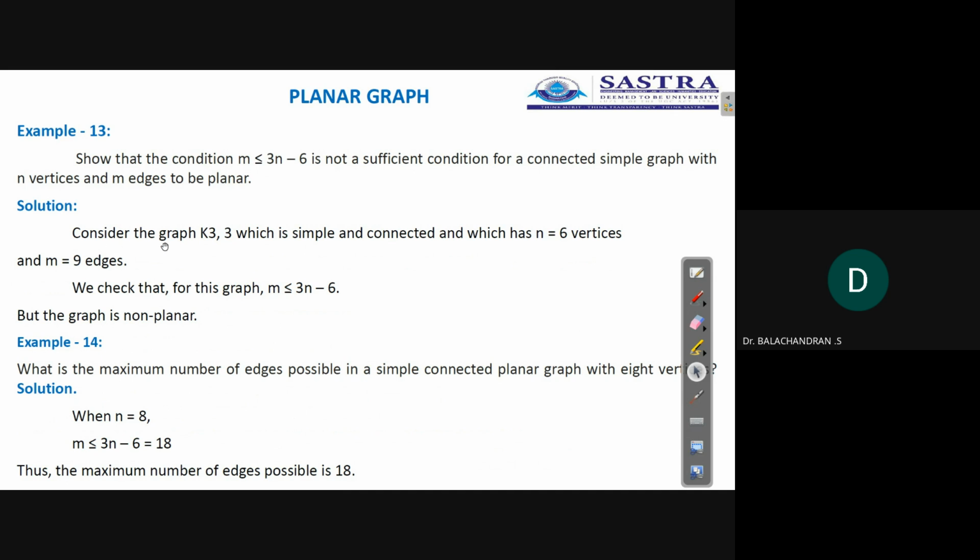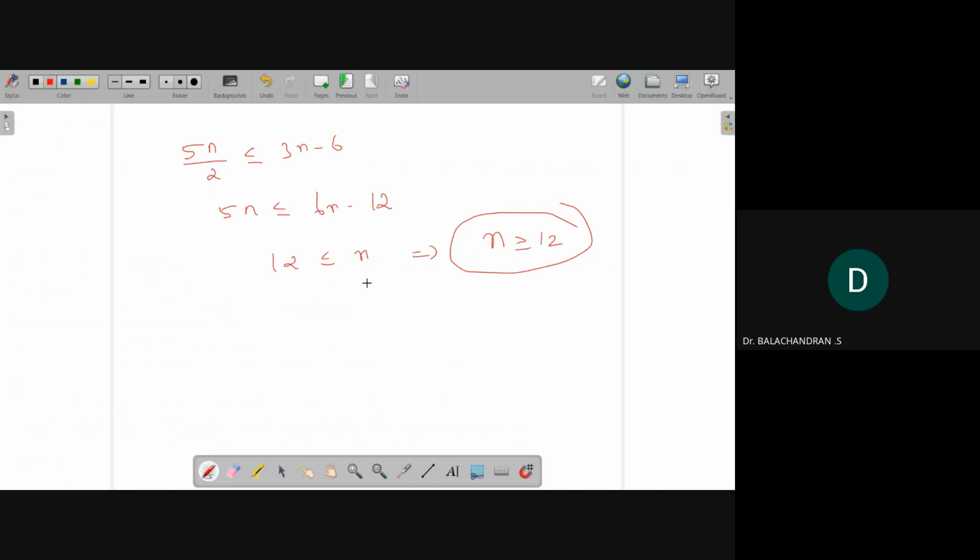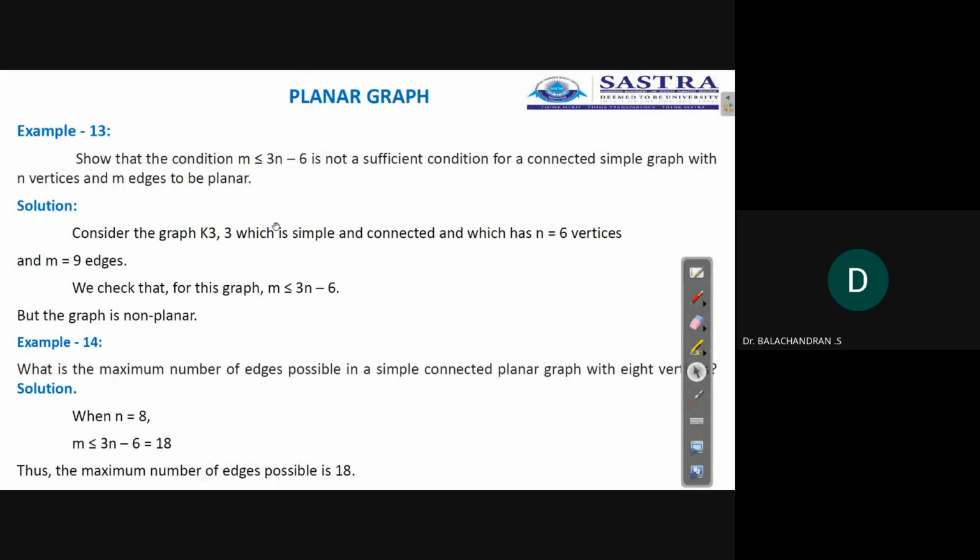Consider the graph K33. K33 means you should put 33 in the subscript, you cannot write it like this. K3,3 is a simple connected graph which has 3 plus 3, 6 vertices and 3 into 3, 9 edges. If suppose it is planar, then it should satisfy this condition.